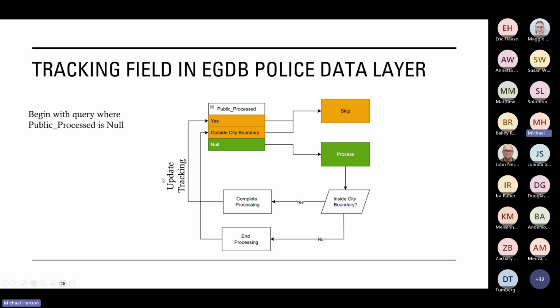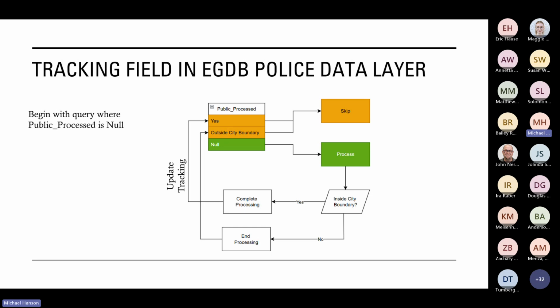So instead of doing a truncate append and refreshing the entire layer every day, the way I opted to do this is on our main police data layer. I have a tracking field called public processed. And after processing, that changes to yes.